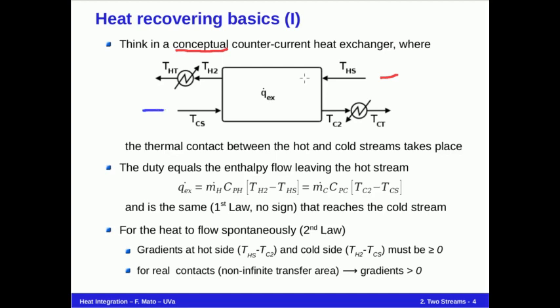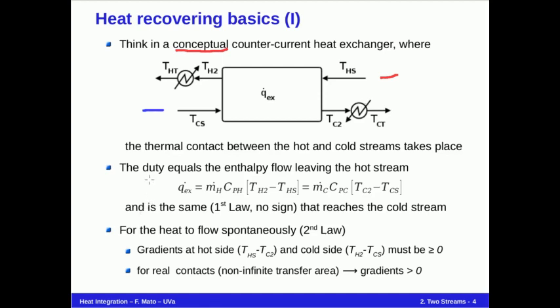Probably the heat that can be taken out of the hot stream and arrive to the cold one is not exactly what the hot stream needs, and then some additional cooling will be needed. And the same thing for the cold stream, some additional heating will be needed.